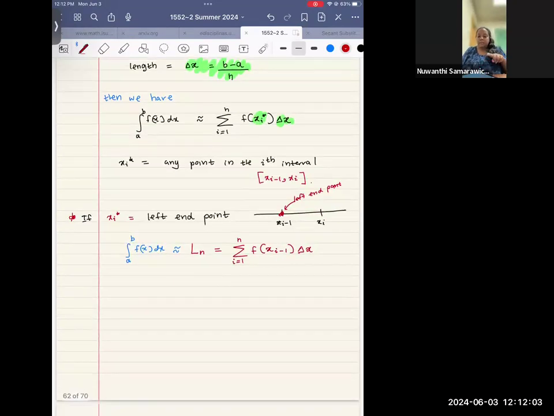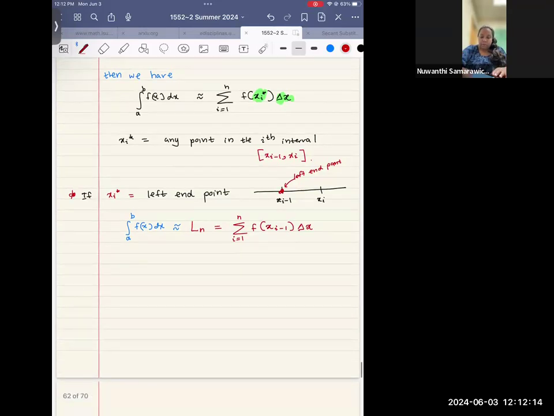I'm writing this because in your homework questions, you are required to find the sum by using the left endpoint. So make sure you take the notes.